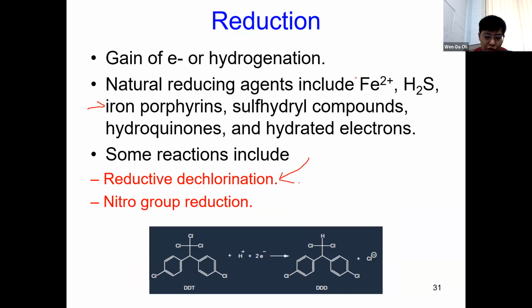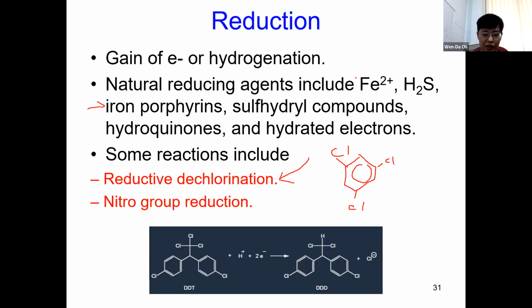If you go to the environment, you'll see that we have a lot of different kinds of aromatic rings with a lot of Cl groups, which are very persistent. This is one of the pollutants that is very commonly seen in affected areas. It is very persistent, hydrophobic, and can cause a lot of harm to humans.